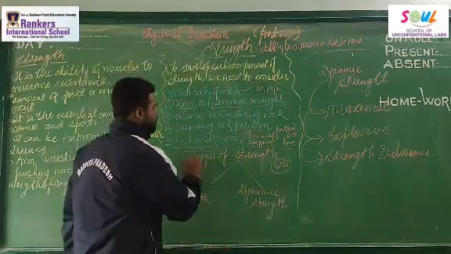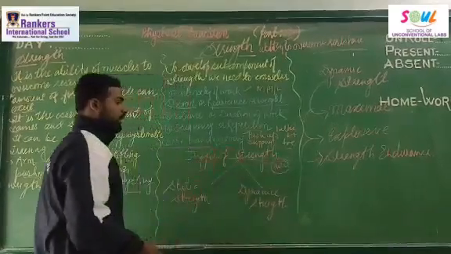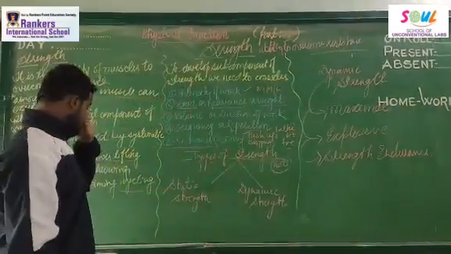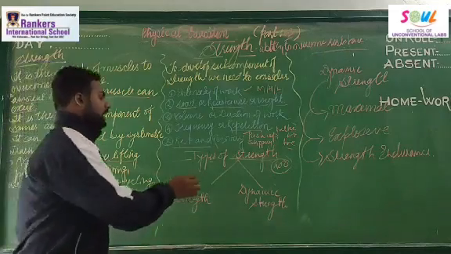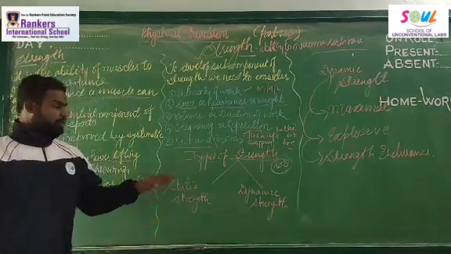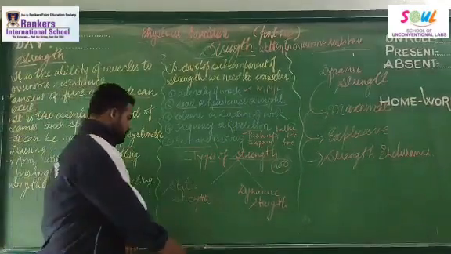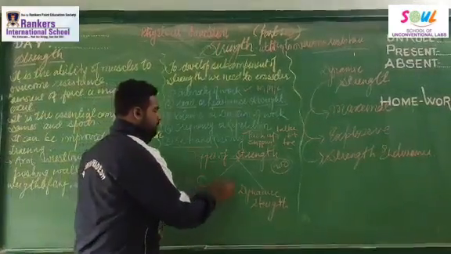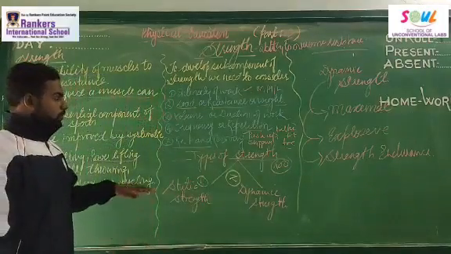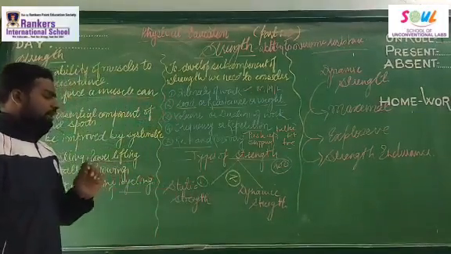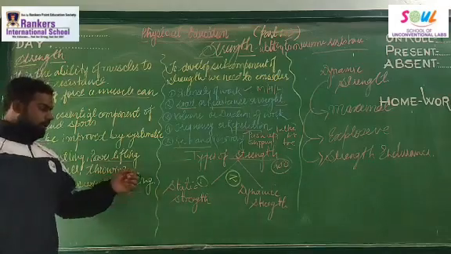Now how many types of muscles are there? Now the strength is of two types. The first one is static strength and the second one is dynamic strength. Got it? When I am talking about static strength, it is the strength which is in rest.